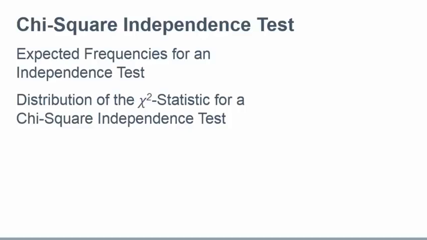The test statistic is chi-squared equals the sum of (O minus E) squared divided by E, where O is the observed frequency and E is the expected frequency, and the number of degrees of freedom is (R minus 1) times (C minus 1), where R is the number of rows and C is the number of columns.